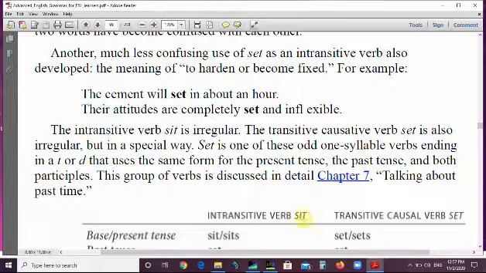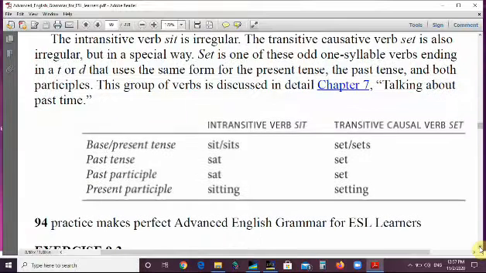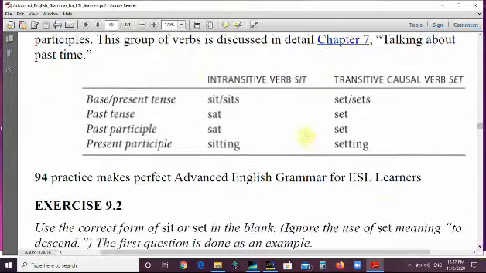The intransitive verb sit is irregular, and the transitive verb set, the causative verb set, is also irregular. If you look at the forms here, we have sit, sat, sat, and sits and sitting. These are the various forms of the verb. We have set, set, set, sets and setting.